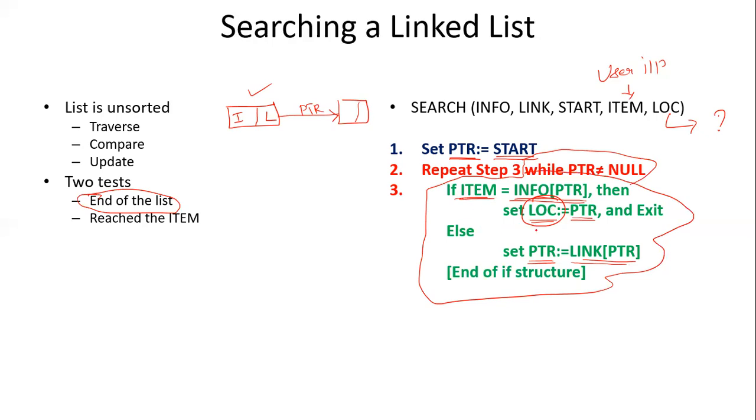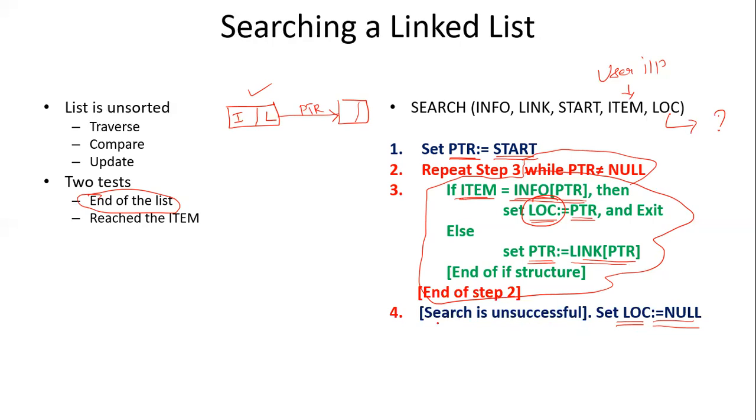And if the item is matching, then we'll see the location of the PTR. Somewhere it must have got the information. If this information is not found, then we say that location is not found, so it's a null. So that particular item is not available in the linked list.